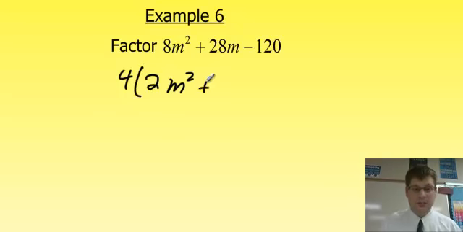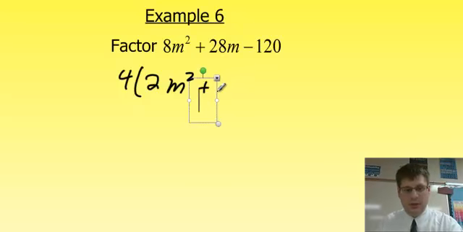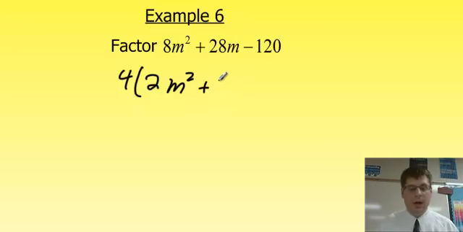That's going to leave me with 2m squared plus 7m... oops, how did that happen? Magic. Okay. Plus 8m, 7m, minus 30.